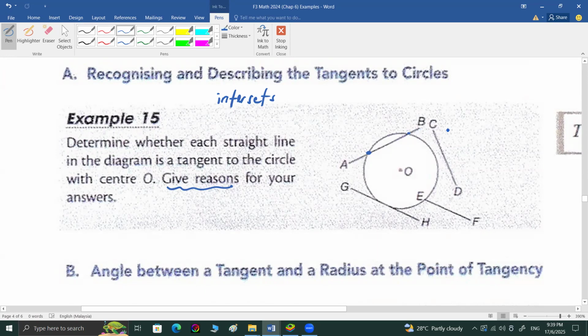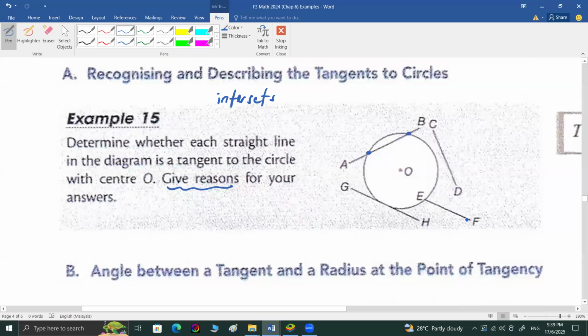Got it? Okay, if I say CD, also no. So you say that CD does not touch the circle. This one intersects at 2 points, okay? EF.